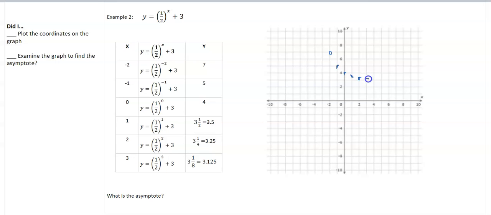3.125. So again, if I were to zoom in on this graph, I'm getting closer and closer to this line at 3, but I'm not going to touch it, which again is known as our asymptote.